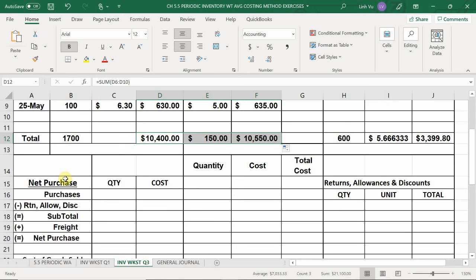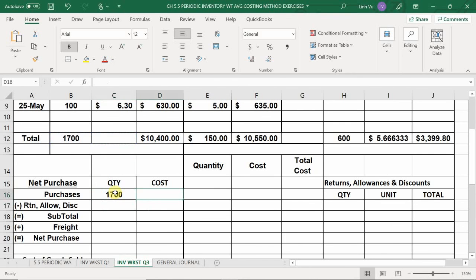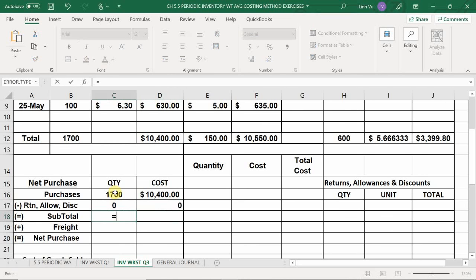Okay? So in this case, right, let's plug in our numbers to solve for our net purchases. Okay? We purchased a total of 1,700 units at 10,400. No returns or allowances. Okay.